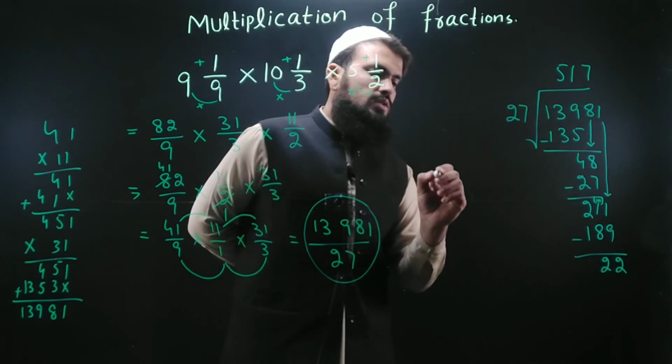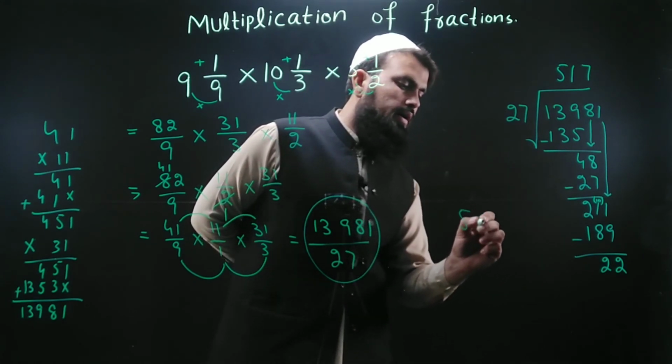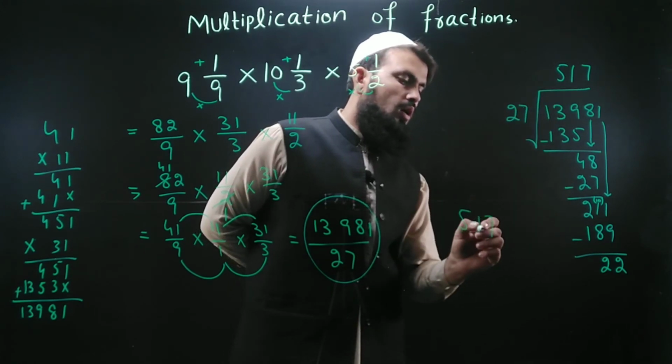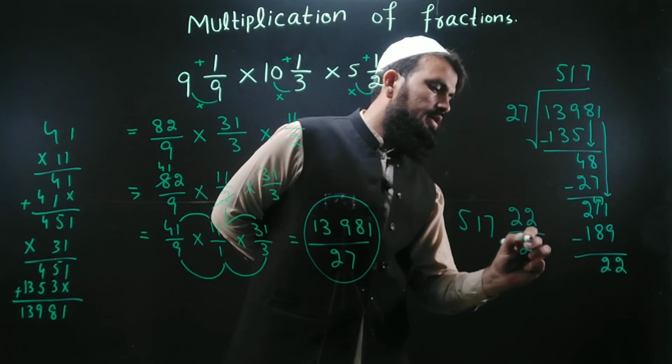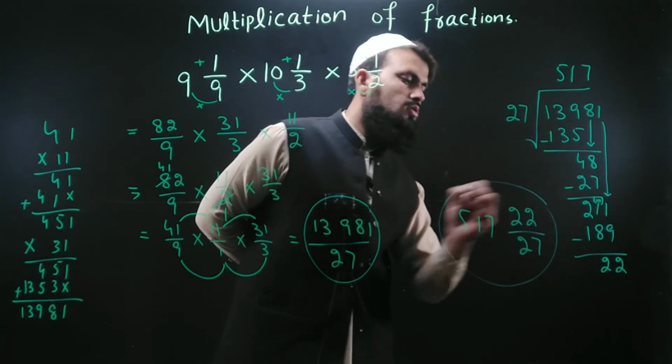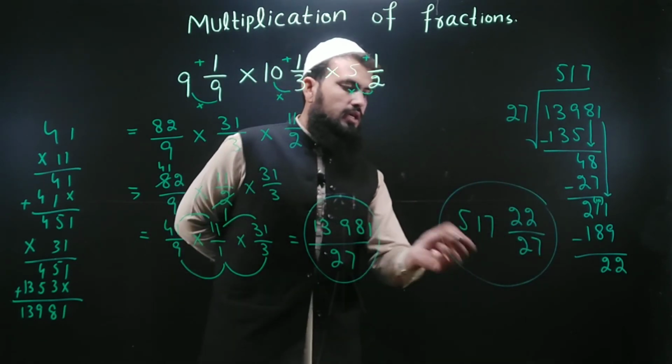The mixed fraction is 517 whole 22 by 27. The final answer is this.